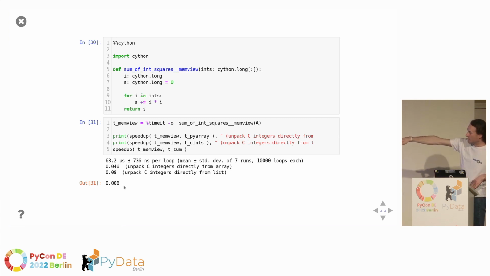And above there, you can see the comparisons to the other implementations that I had. Unpacking it directly from the array was 0.046, and even unpacking it directly from the list and doing the calculation in C was 0.08. So that's the speedup we get compared to these versions. As I said, another factor of 10 in performance.